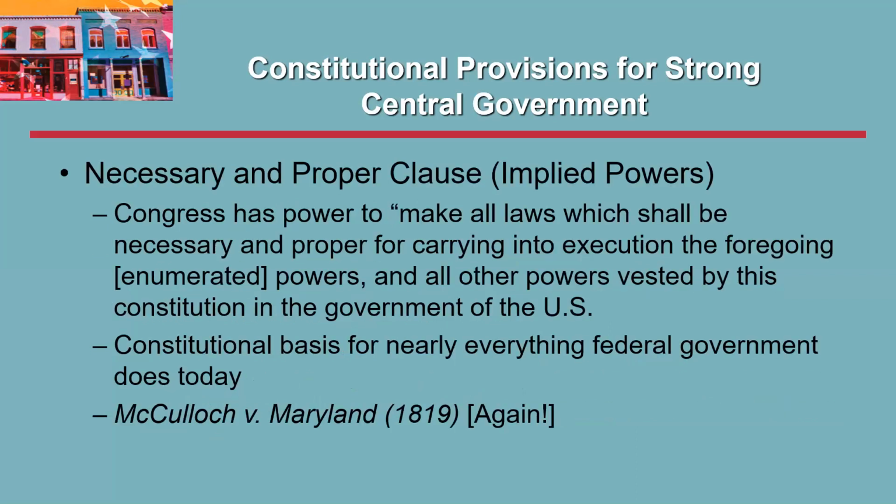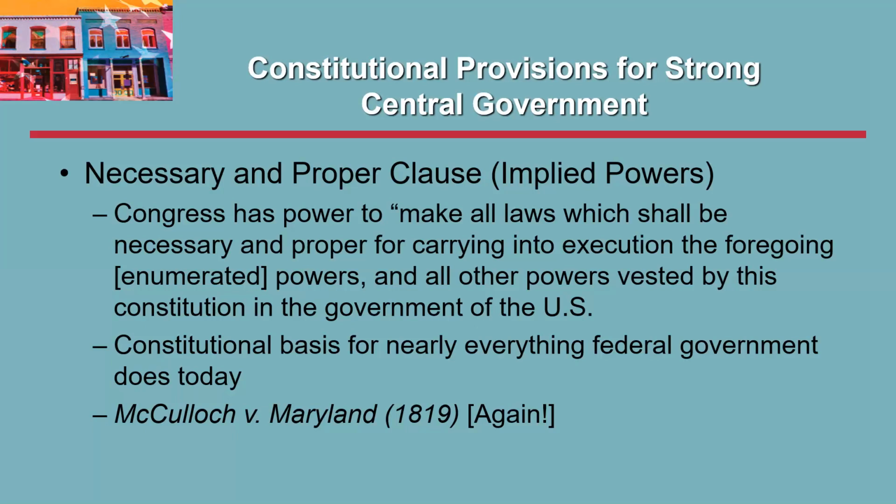The last major provision in the Constitution establishing a strong national government that I'd like to call your attention to is the Necessary and Proper Clause. It's also sometimes called the Implied Powers Clause because the powers it gives to the federal government are implied rather than directly spelled out.